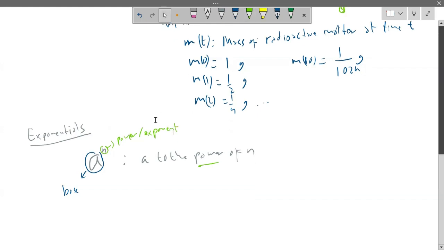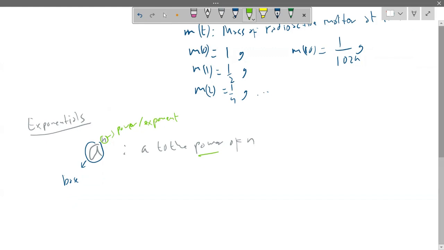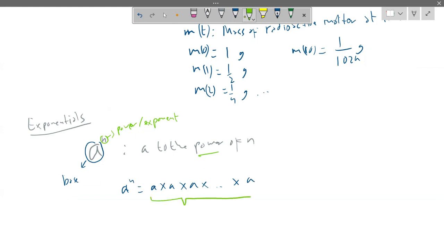And how do we interpret this? We are going to define this in the simplest way. First of all, a to the power of n is equal to a times a times a times all that times a, where in this multiplication, the number a occurs n times. It's not necessarily a multiplied by itself n times, because you have a, and if you want to multiply it by itself n times, you would have an additional one.